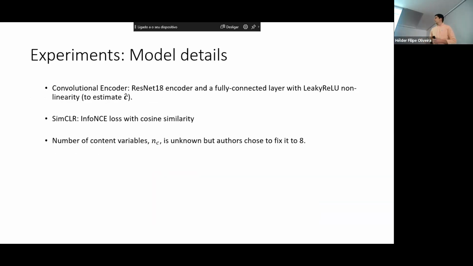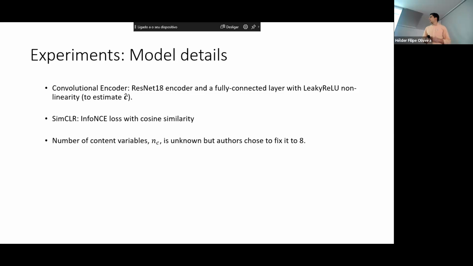Having the dataset, we now choose as the encoder, as g, a ResNet-18 encoder. We also have a fully connected layer with leaky ReLU non-linearity to estimate the content partition from the latent variables.